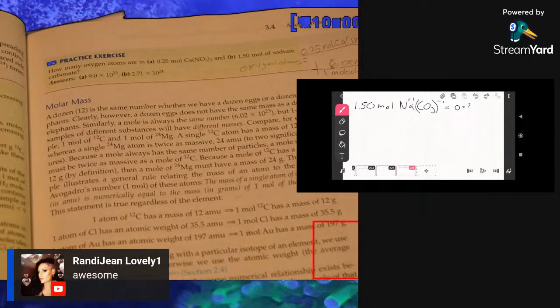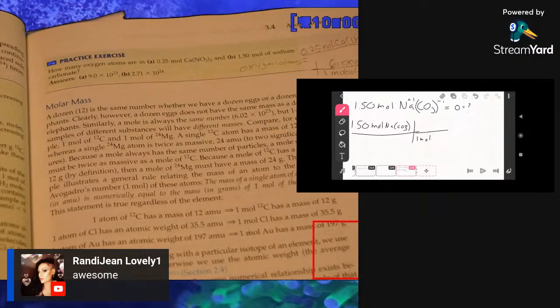They want to solve for oxygen. All right, so we got 1.50 moles of sodium carbonate.